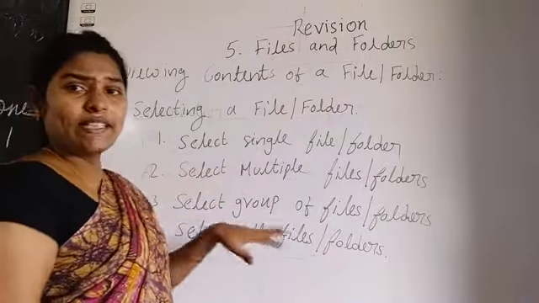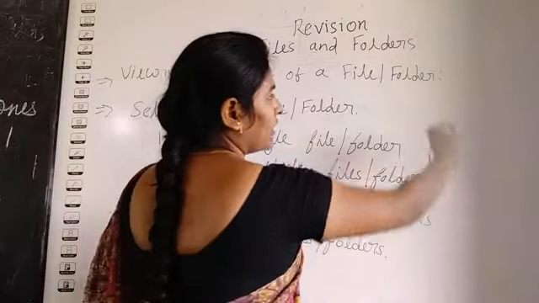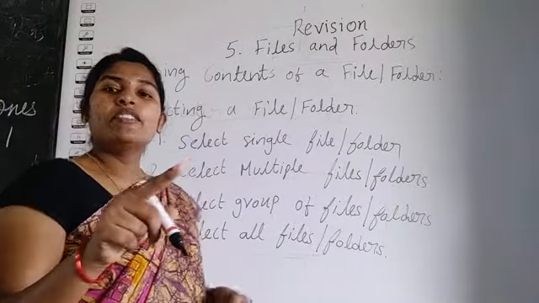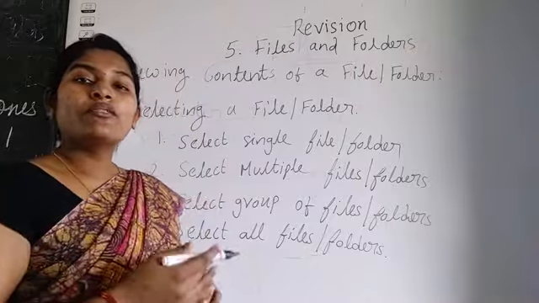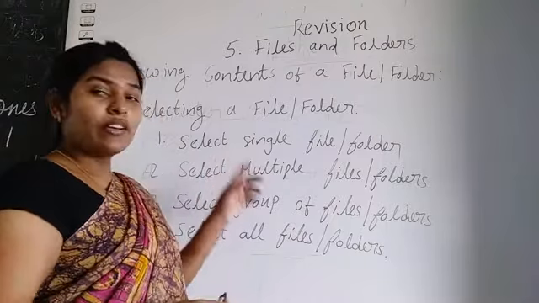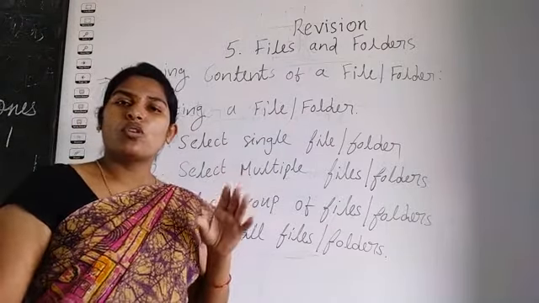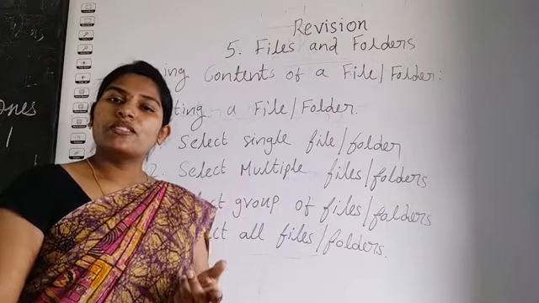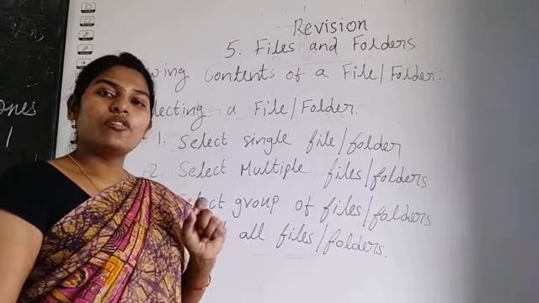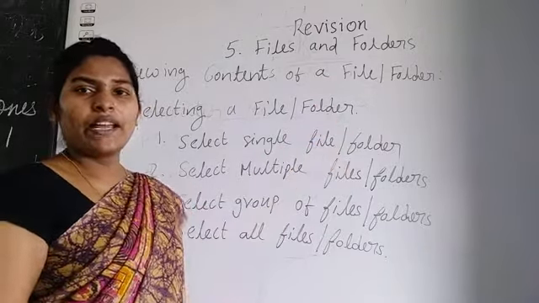After opening it, you know the content pane and the navigation pane. In the navigation pane, you can click the file or folder you want to open. There are a lot of files and folders: Downloads, Documents, This PC, Pictures, Videos, whatever you have stored. Whichever folder you want to open, just click it from the navigation pane.